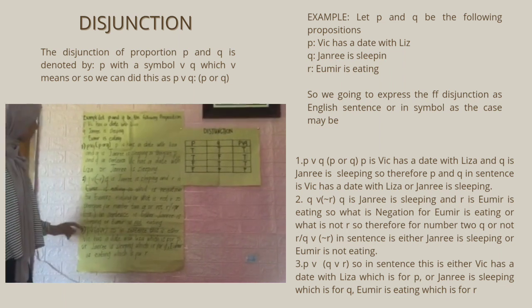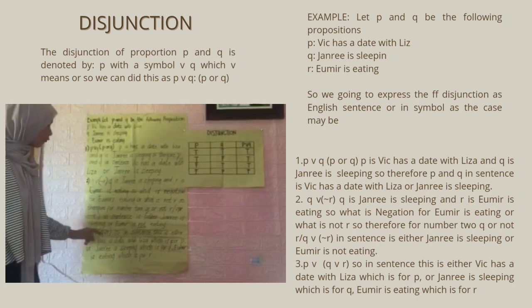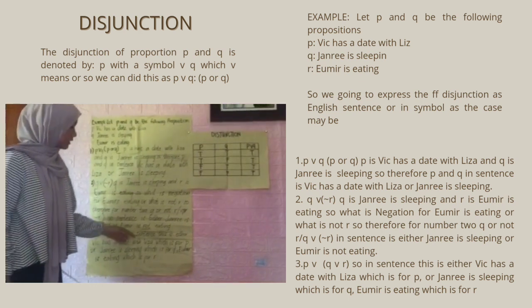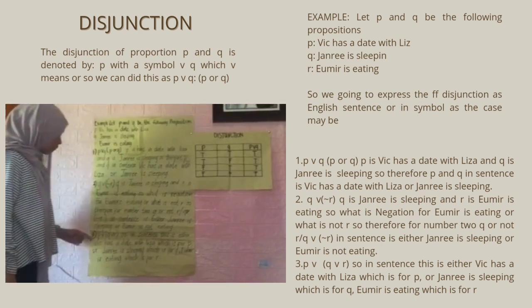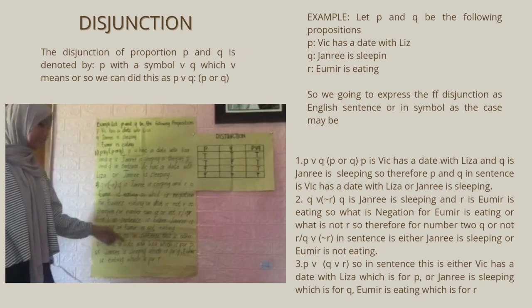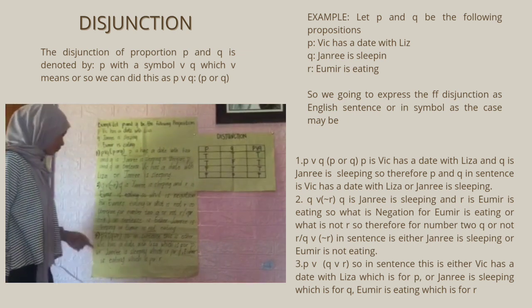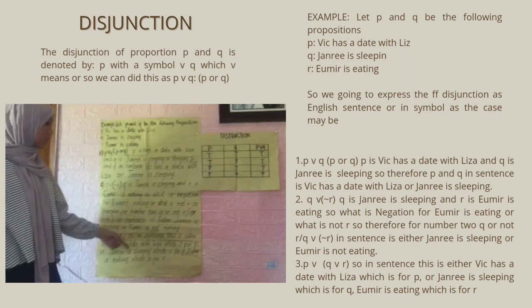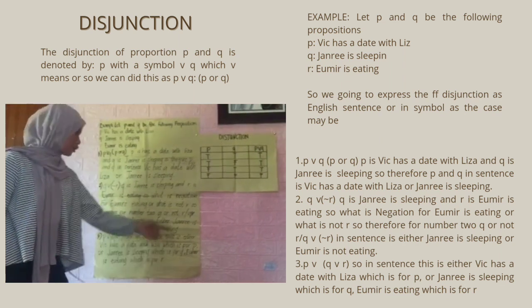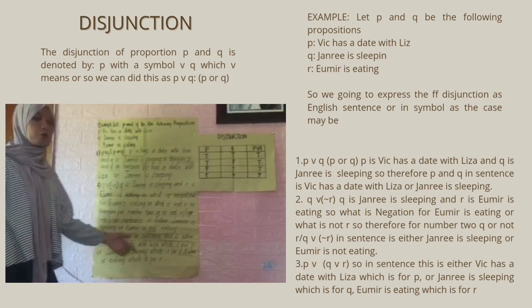Number 3, P ∨ Q ∨ R. In sentence, this is either Vic has a date with Lisa, which is for P, or January is sleeping, which is for Q, or Yumir is eating, which is for R.